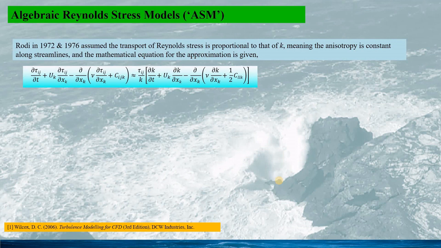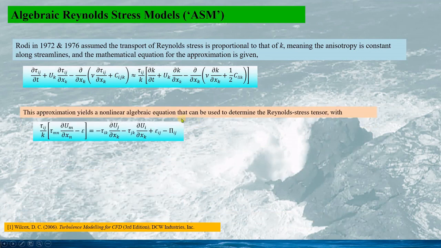Rodi in 1972 and 1977 proposed that the transport of the Reynolds stresses would be proportional to that of the turbulent kinetic energy k, which means the anisotropy is constant along the streamlines, with the mathematical equation for the approximation given at this.